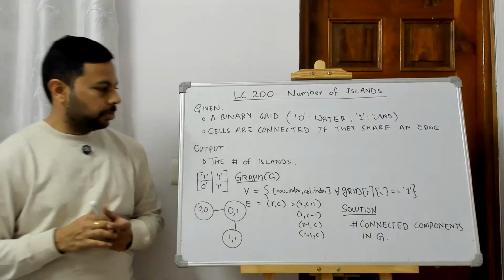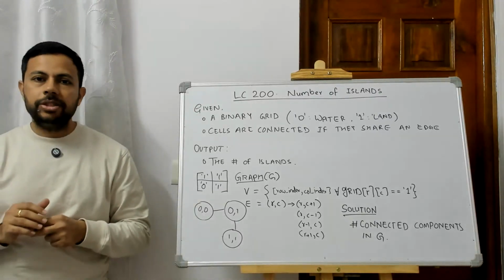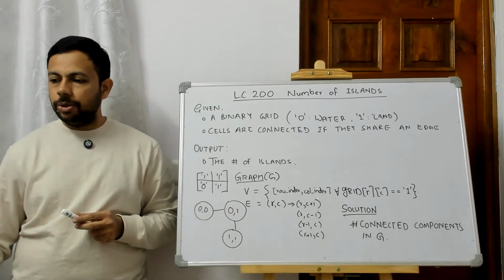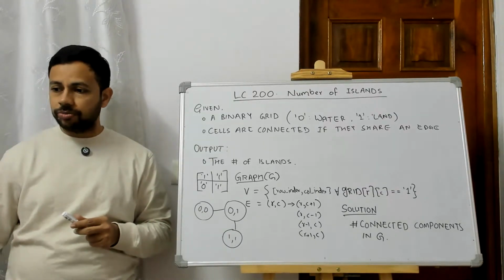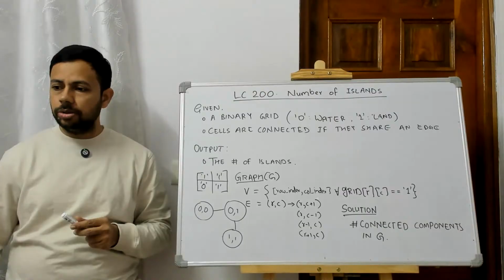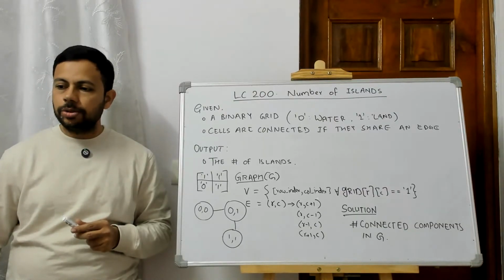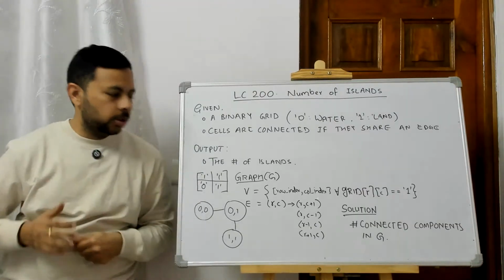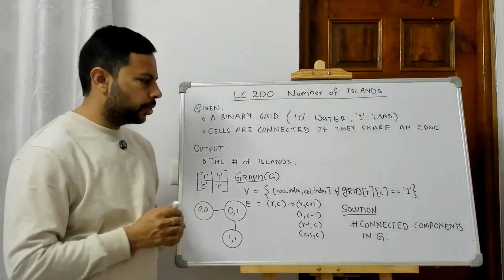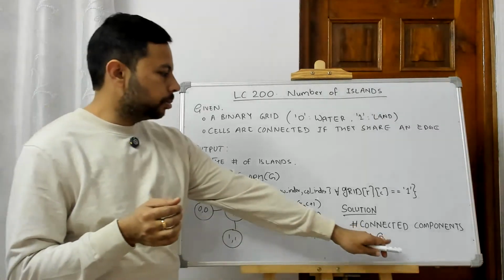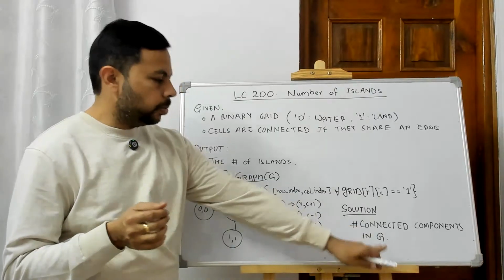Now we have come to an understanding of this question, where you have a graph, and this graph tells you about the nature of this picture, this grid. The only question that remains to be answered at this point is, how do you find the number of connected components in G?